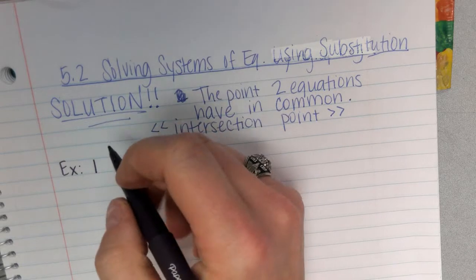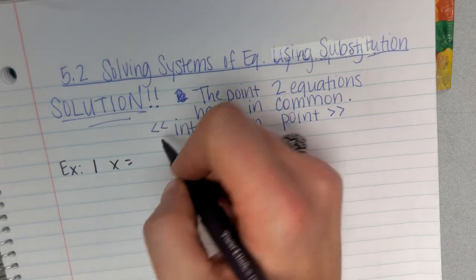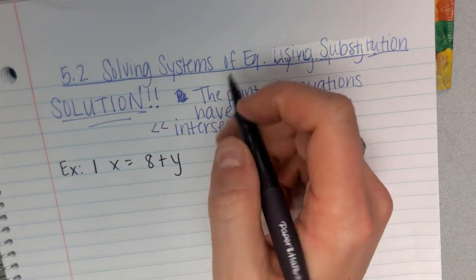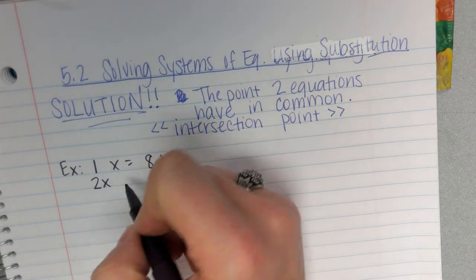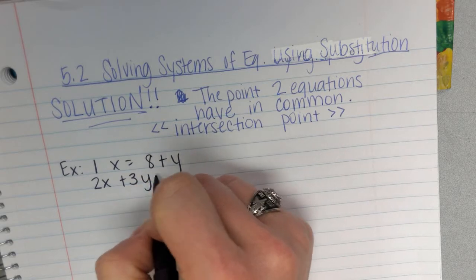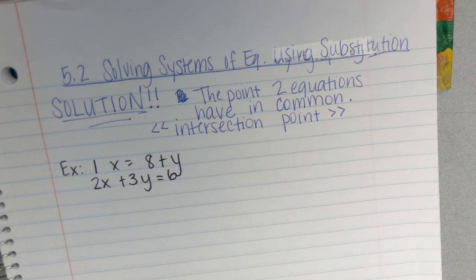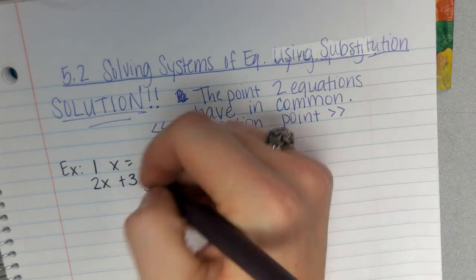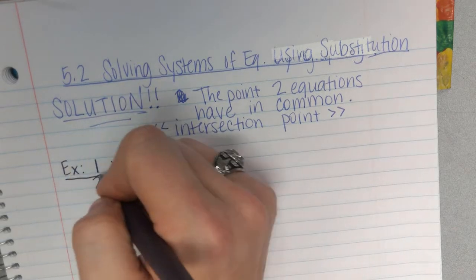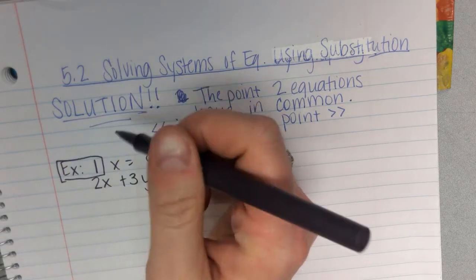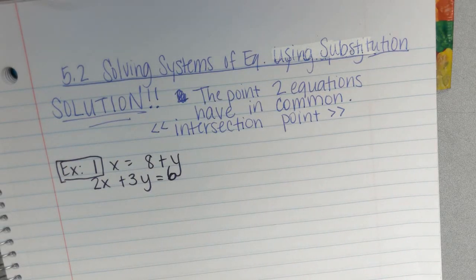Example 1. x equals 8 plus y and 2x plus 3y equals 6. Well, that looks kind of like a b, so we'll make that look like a 6. I'm going to box this in for example 1 so you don't think 1 is a part of that problem.